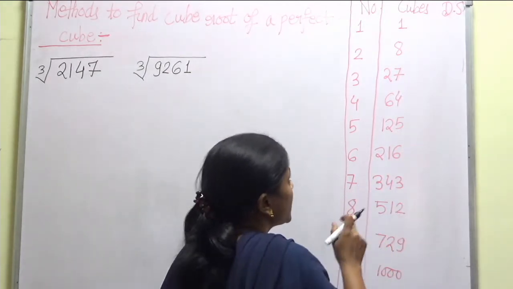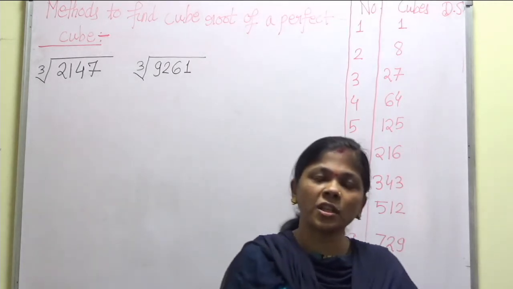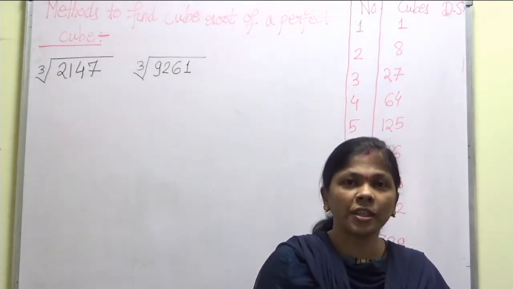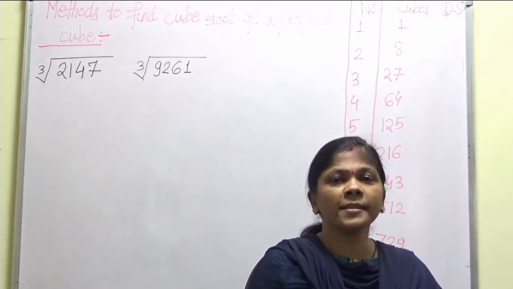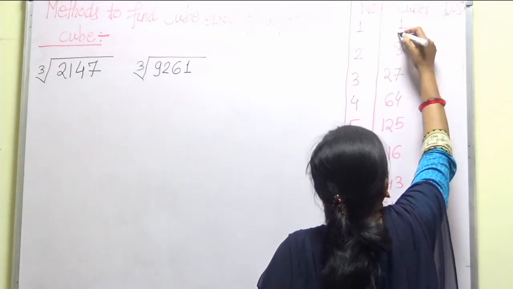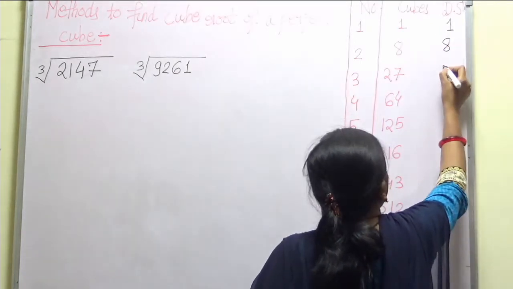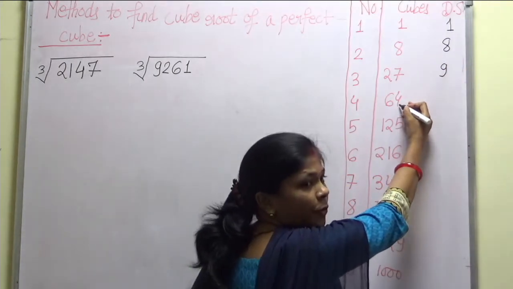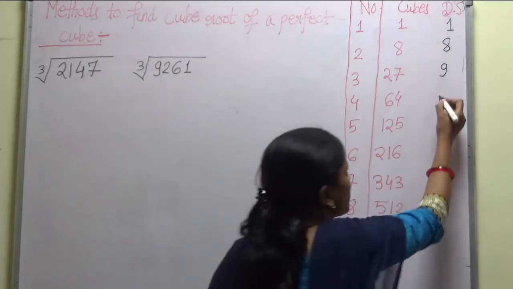Now, second, we will go with the digital sum. As I told you, digital sum is nothing but the sum of the digits in a given number, represented between 0 to 9. So let us find the digital sum of these cubes. It is 1, here it is 8, then 2 plus 7 is 9, then 6 plus 4 is 10, and again 1 plus 0 is 1.